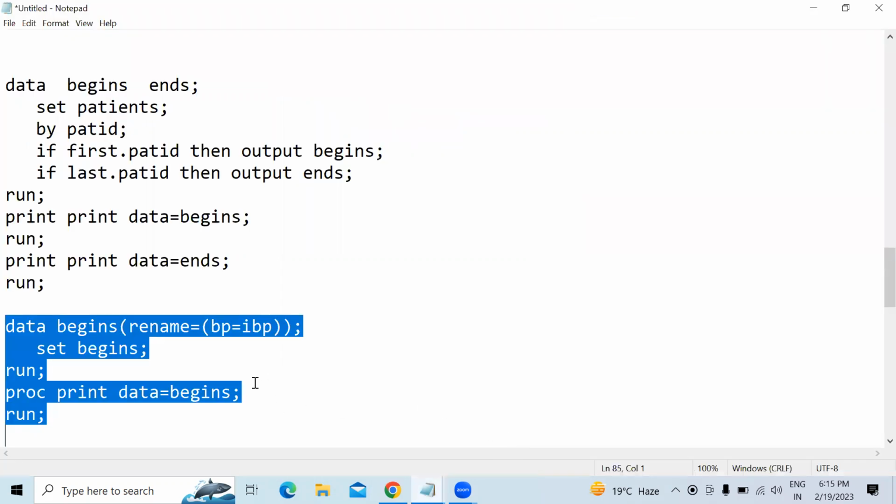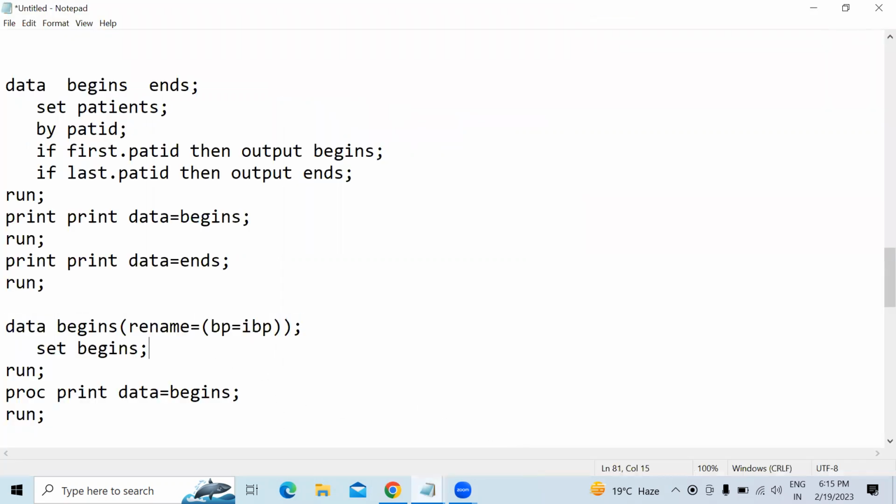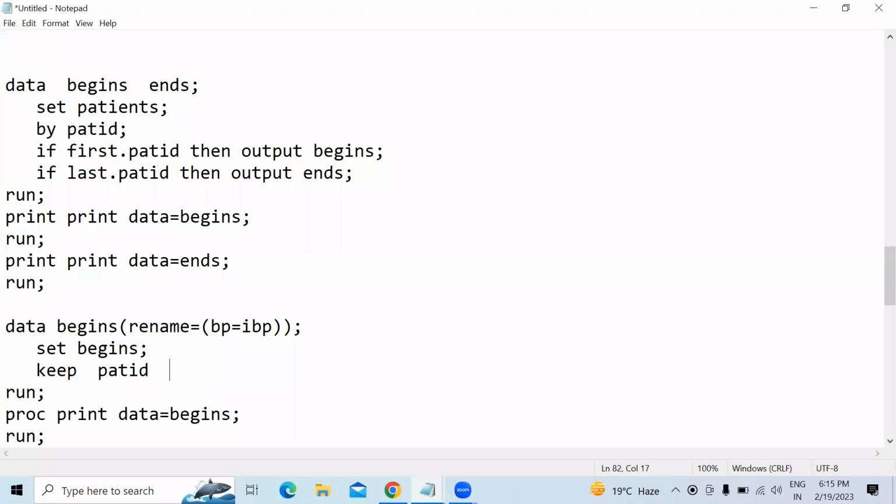I don't want the remaining columns; I'm taking only patient ID and IBP.